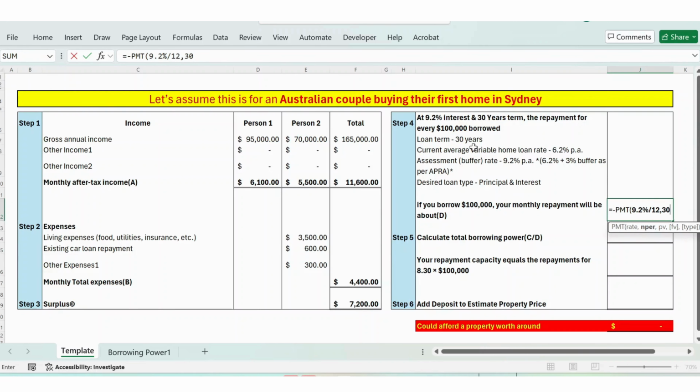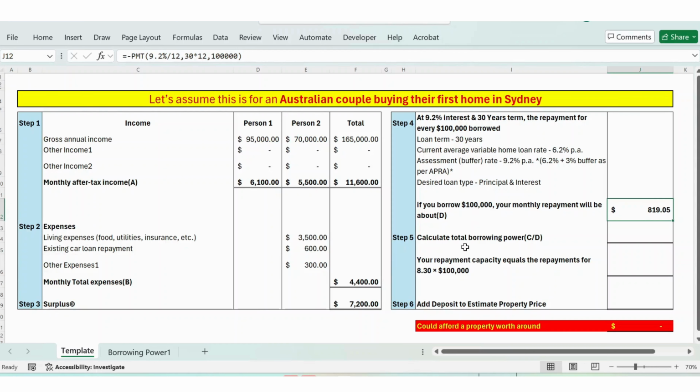So let me type it as 30 multiplied by 12, comma, and then the present value will be 100,000, close bracket, press enter. So you get the monthly repayment for every 100,000.